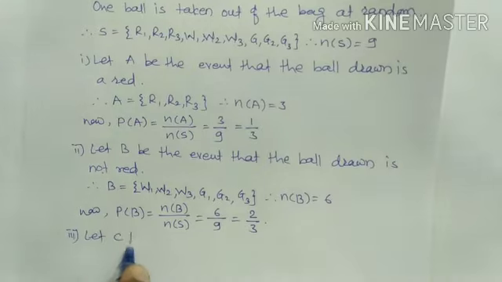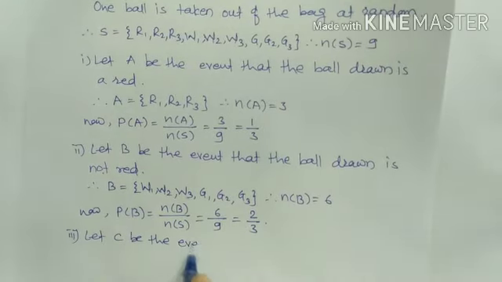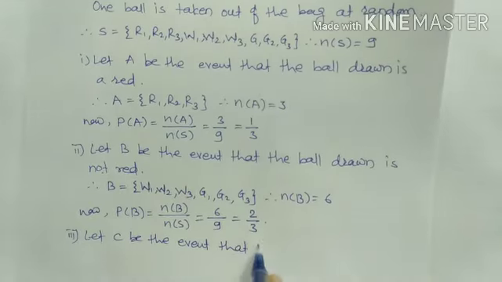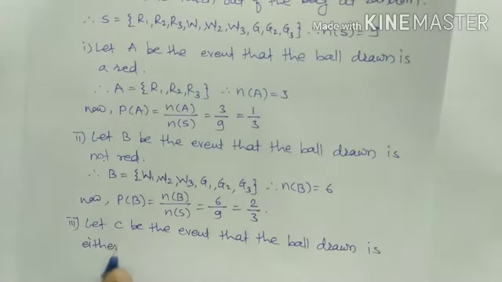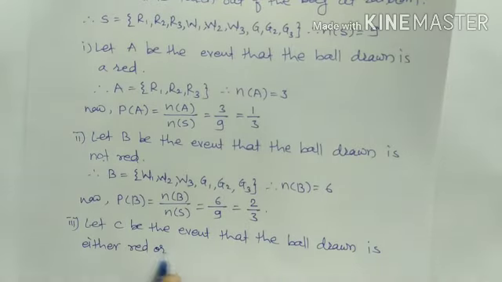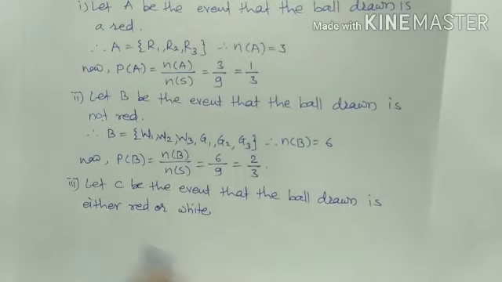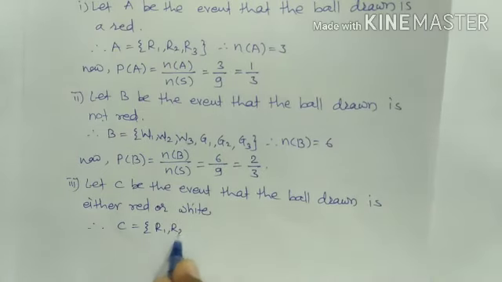Then the third event, let it be C. Let C be the event that the ball drawn is either red or white. It is given that the ball is either red or white, and therefore the event is R1, R2, R3, and W1, W2, W3.